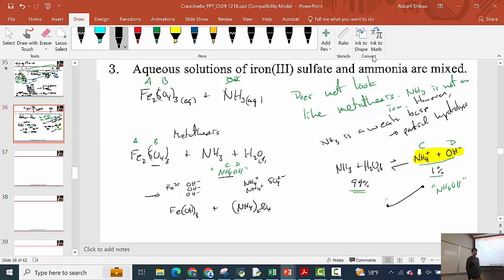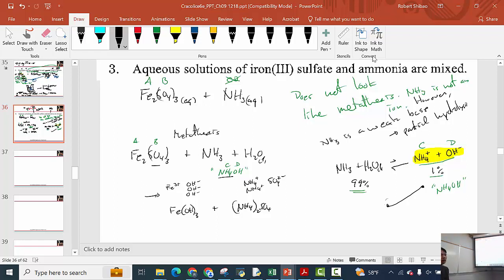All right, before I balance this, I want to determine if there's a driving force. And so the first thing you look at is precipitation. Did we form any precipitate? Is the iron hydroxide insoluble?